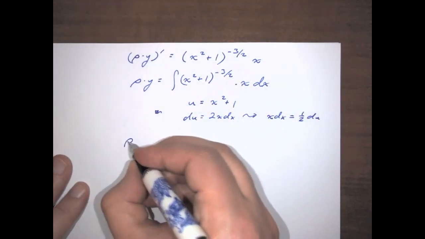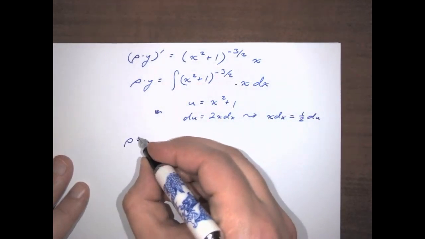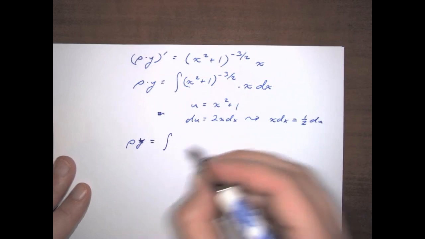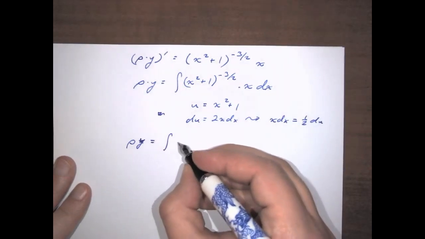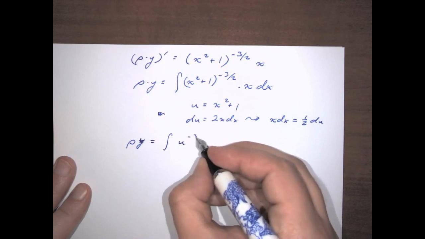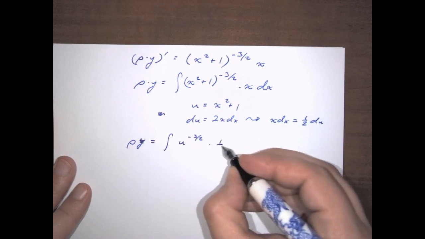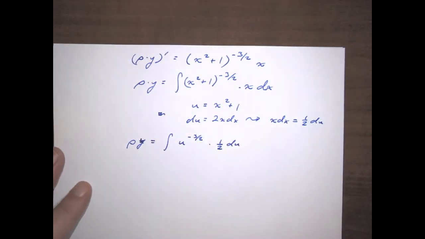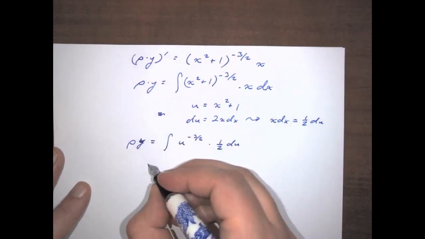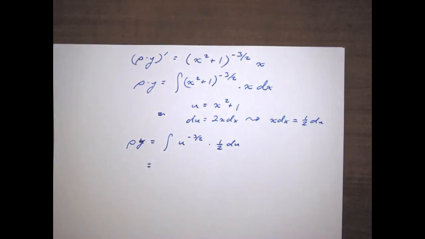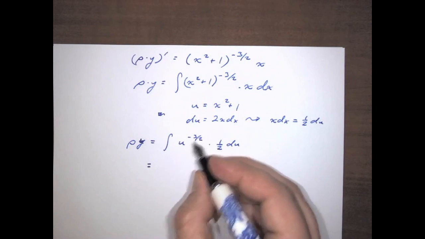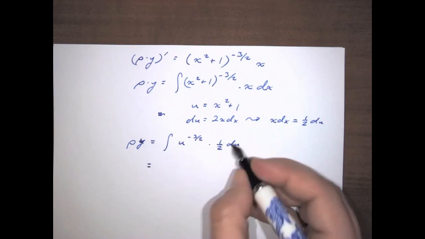Which means that rho y is equal to the integral of u to the negative 3/2 times 1/2 du, which then leads us to a power rule.